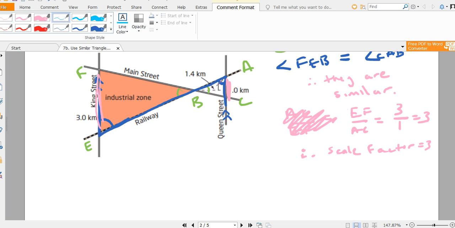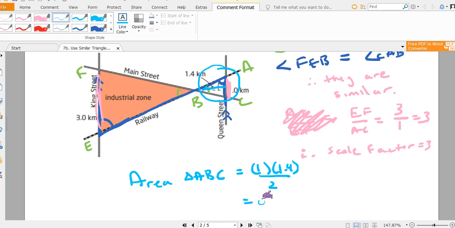Now, I'm going to look at the area of the small triangle. So area of triangle ABC is equal to base, which is 1, times height, which is 1.4, divided by 2. So that means the area would be 0.7 kilometers squared.